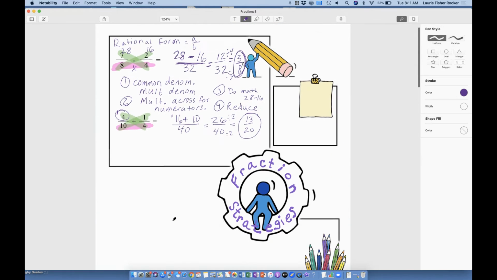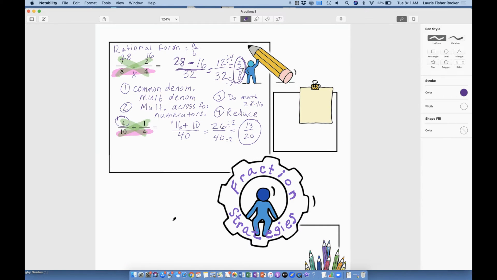I'm going to go ahead and add one more thing to the notes. When would I use this? You'd use this with smaller fractions. You would use this when it is rational form, not mixed.